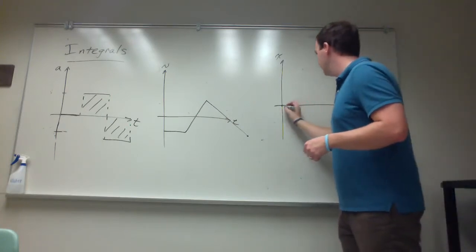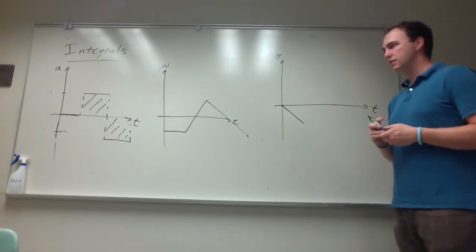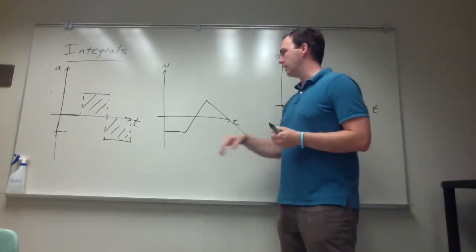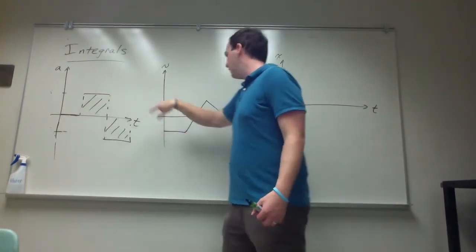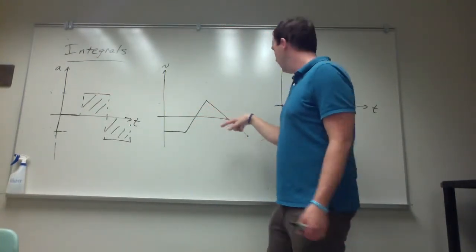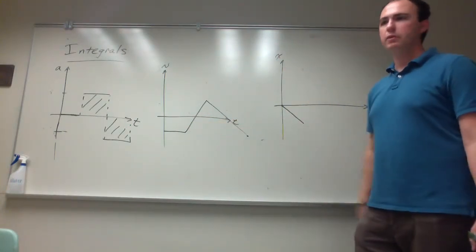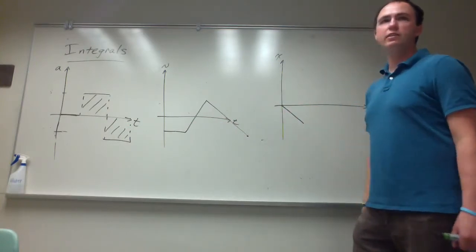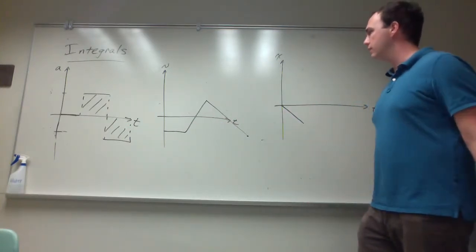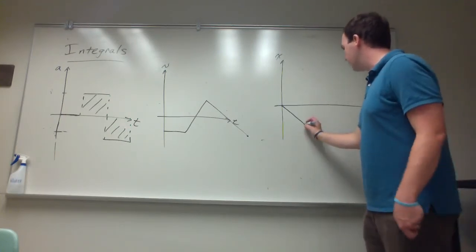So we have something like that, because just like when these constants got integrated, they became lines. This constant, when it integrates, becomes a line with a slope. And since this is negative, it means we're going toward the negative direction, whatever that is. Okay, so we got our first section there.